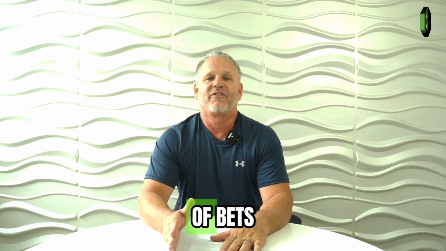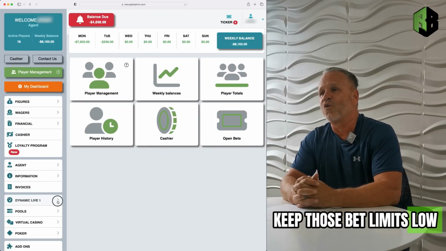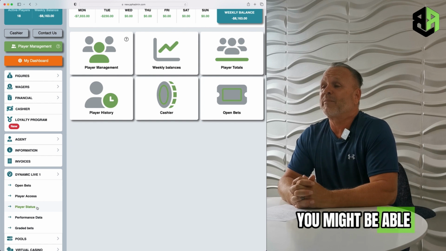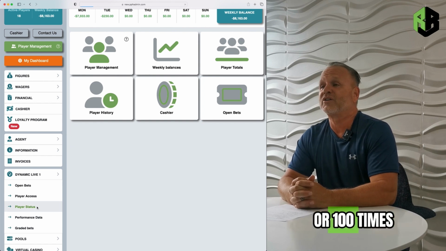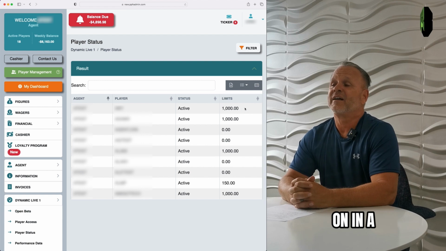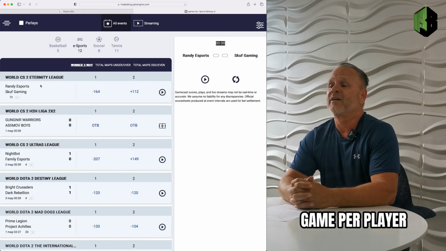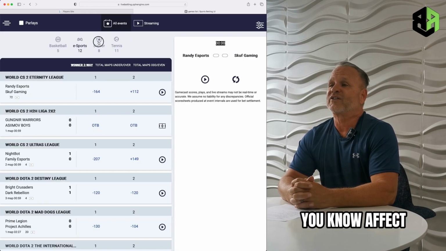amount of bets. So it's good to keep those bet limits low, because in a dynamic game, you might be able to bet that game 50 times or 100 times. And if you don't have a limit on how much you can invest in a dynamic game, or how much maximum exposure you have on a dynamic game per player, it could really affect your bottom line.